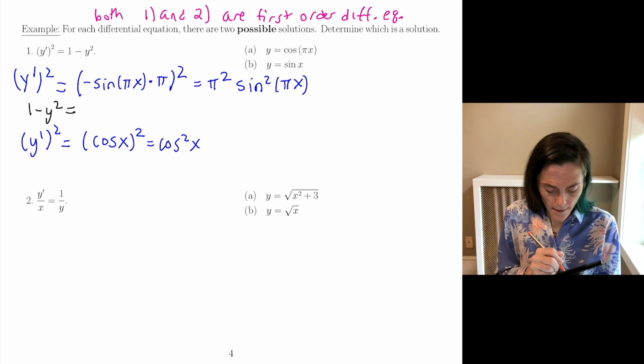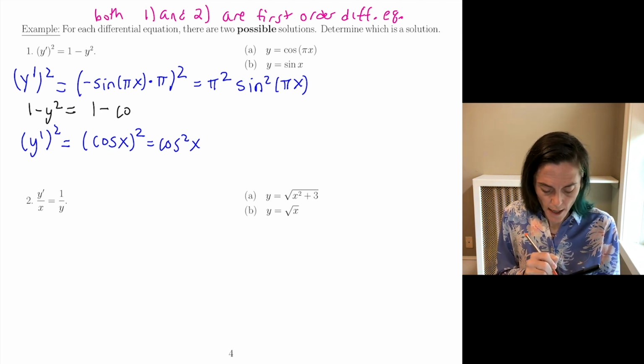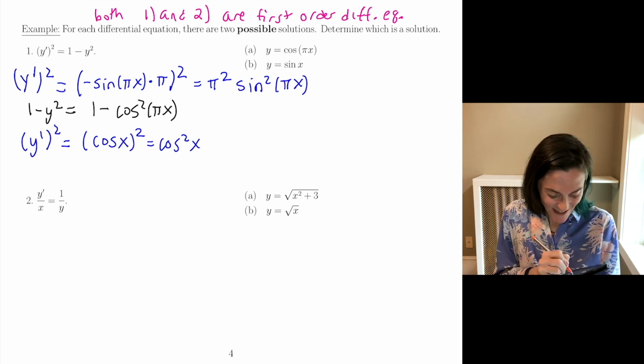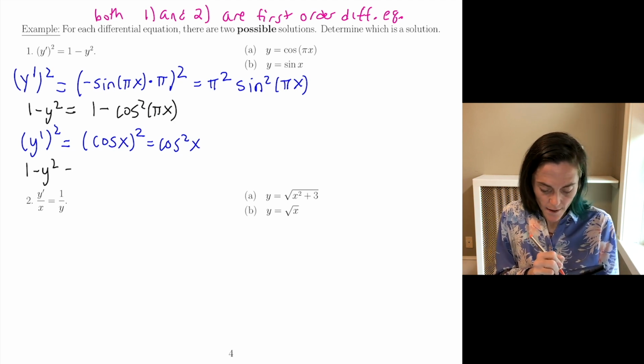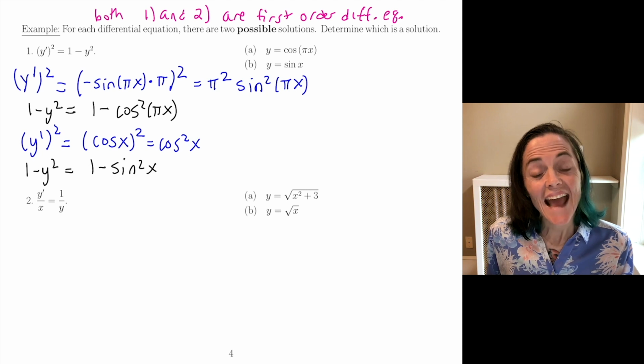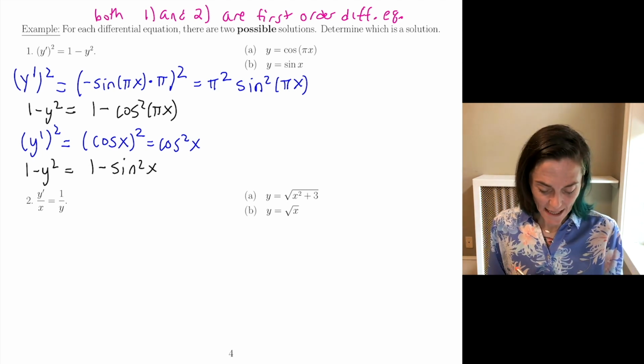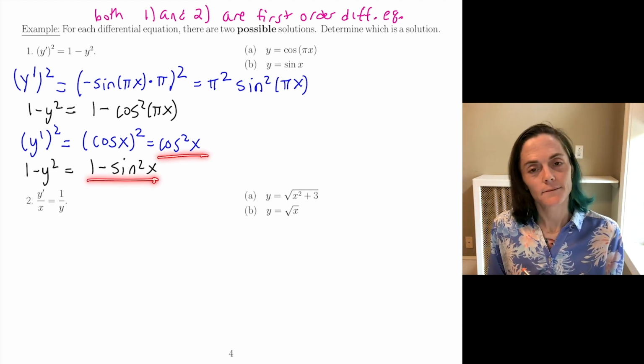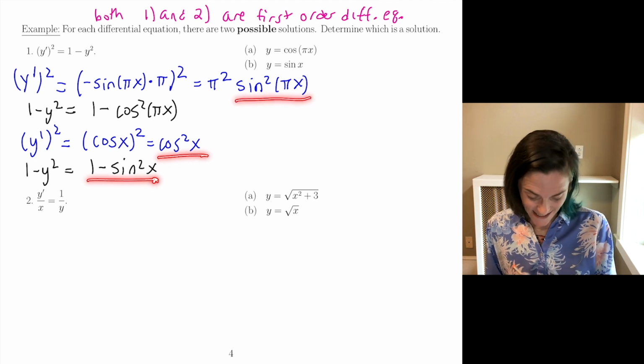Well, we have 1 minus cosine squared pi x. And here, 1 minus y squared is 1 minus sine squared x. If you stare at these, I'm trying to see, is this equal to this? Or is this equal to this?